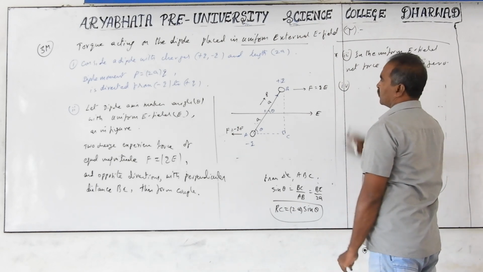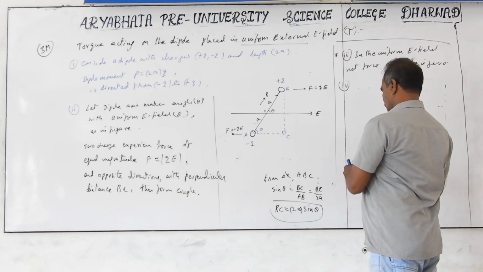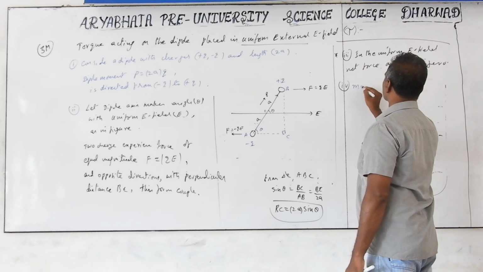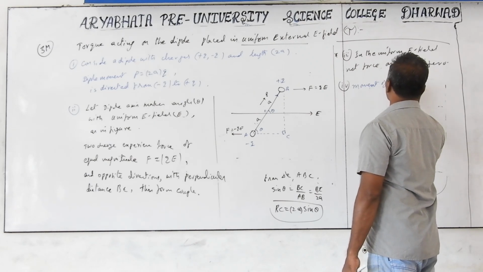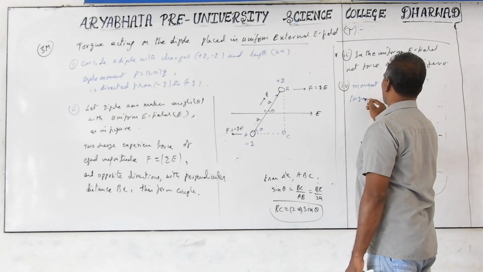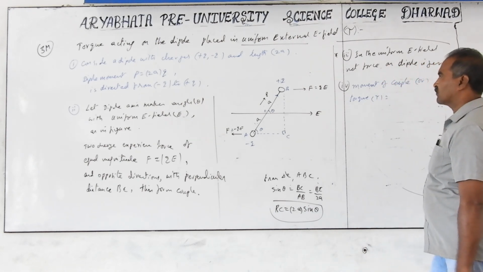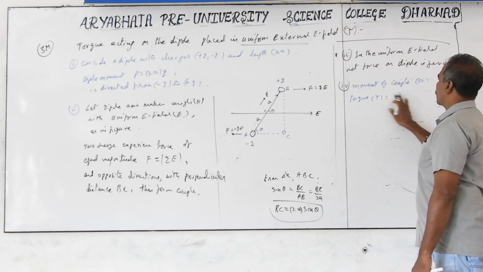Next, the moment of couple, or torque. Torque is equal to the magnitude of one force times the perpendicular distance between the two forces.